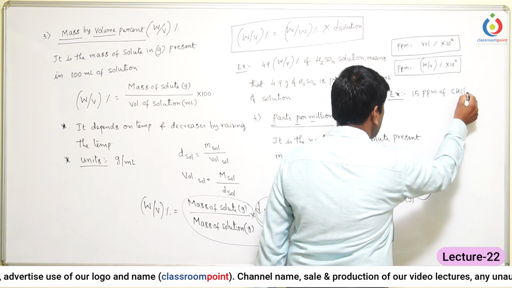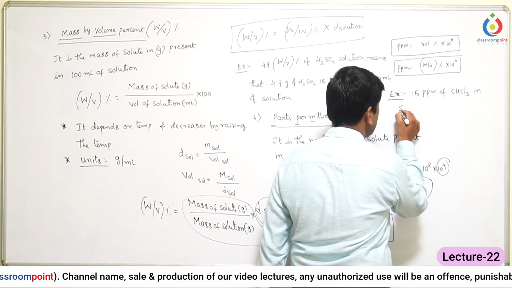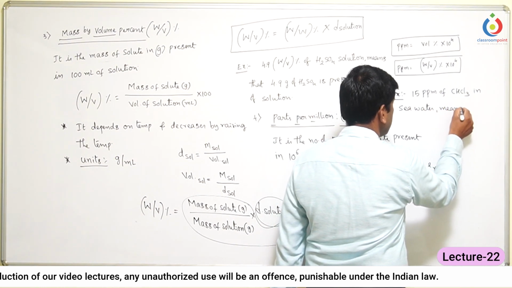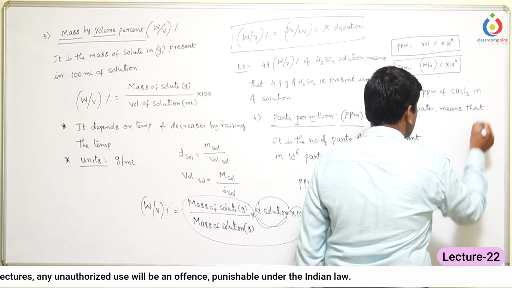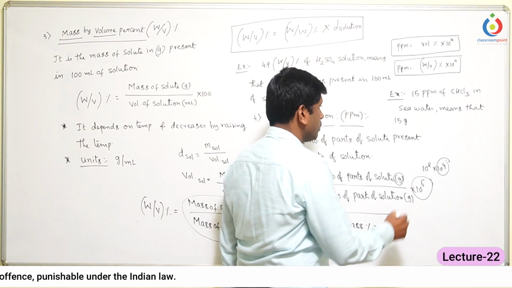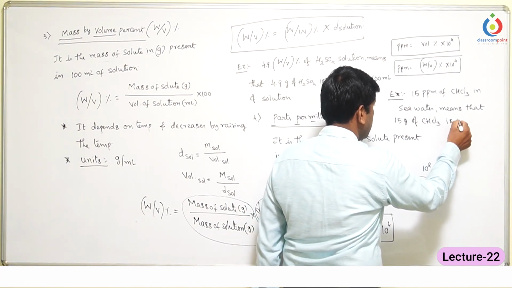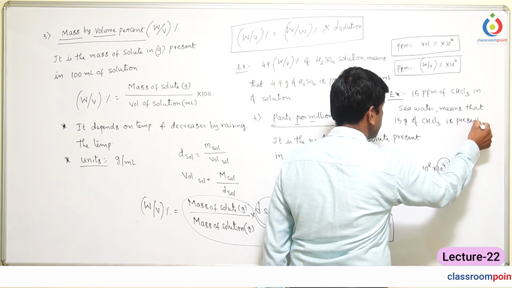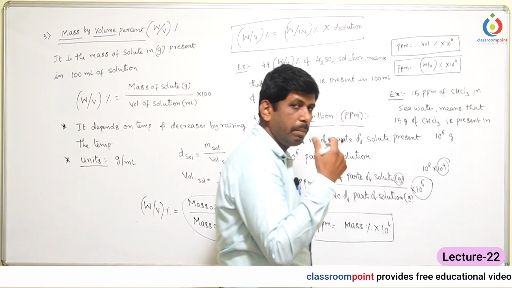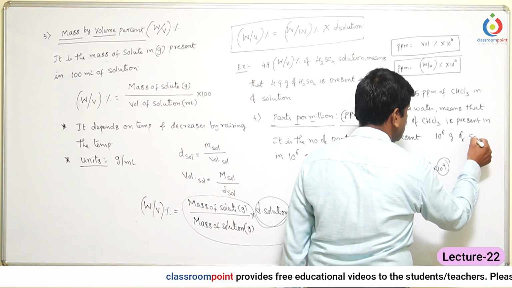15 ppm of CHCl3 in seawater means that 15 grams, I am taking in terms of grams now, of CHCl3, chloroform, is present in 10 power 6 grams, that means 1 million grams of the solution.